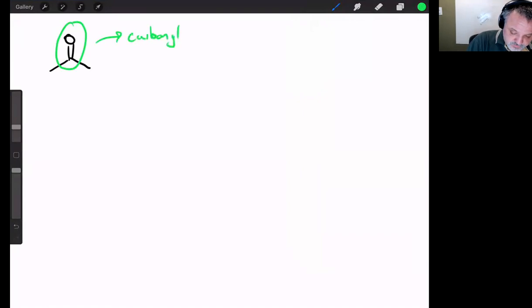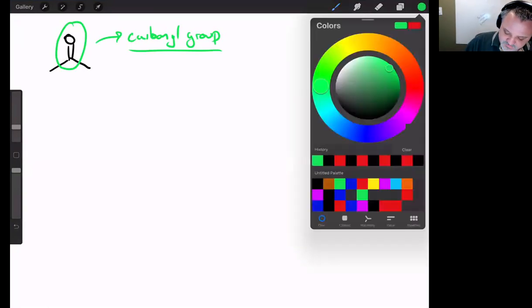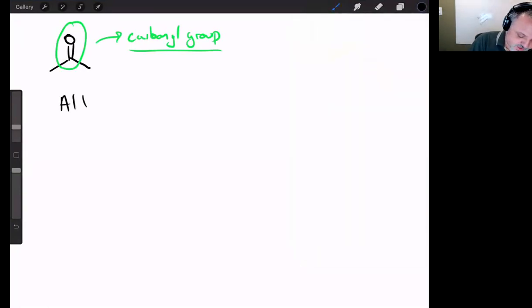All right, so aldehydes and ketones involve carbonyl groups. I think at this point in your chemistry life, you should know that that's a carbonyl group. We have 2 different types of molecules that we want to think about: aldehydes and ketones.